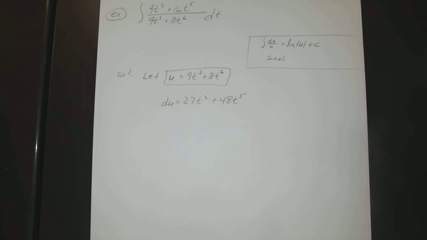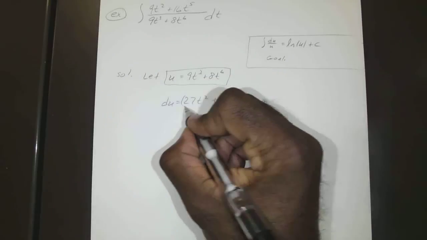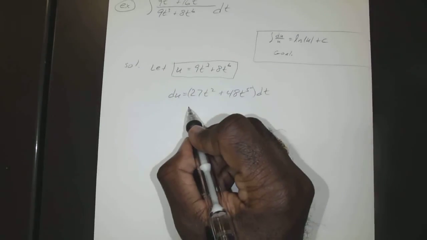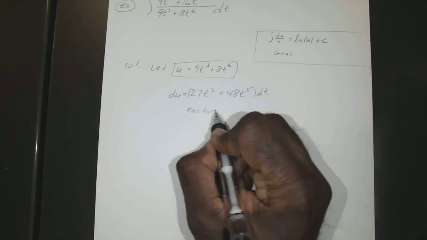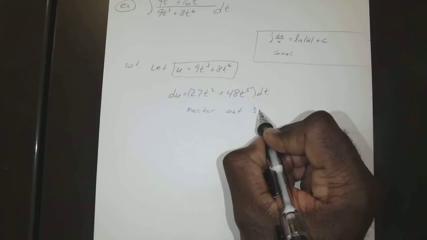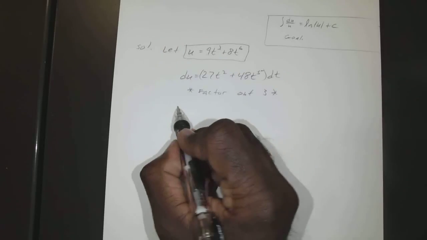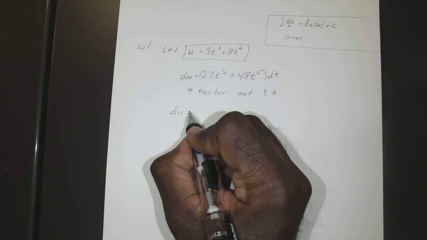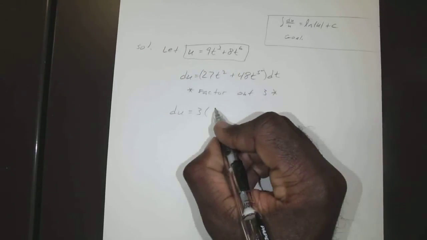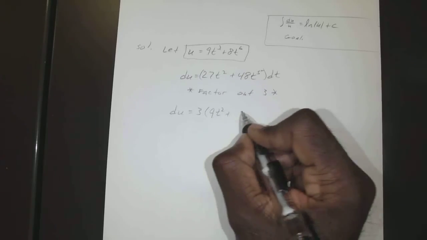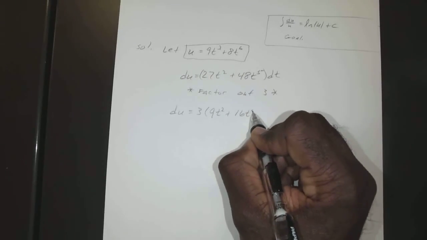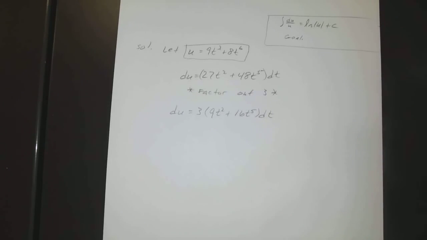So would you bring 1/3 out? You're on the right track, not 1/3, but we're going to factor out 3. Oh, I forgot my dt. Okay, so if we factor out 3, we would get that 9t squared. Yep, so that gives us our du equals 3 times 9t squared plus 16t to the fifth with respect to t.